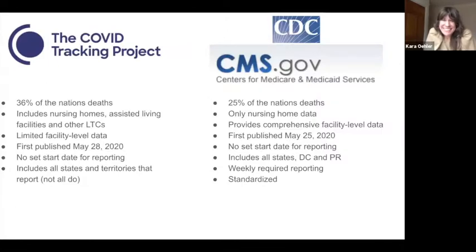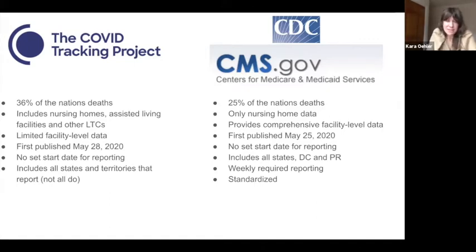So now we're going to explain a little bit about how to use it. And I just wanted to put this up here and say, both of these data sets are far from comprehensive. At this point, we've had now more than 2.5 million residents and staff that have been vaccinated, and we're starting to see major reductions in deaths in these facilities.